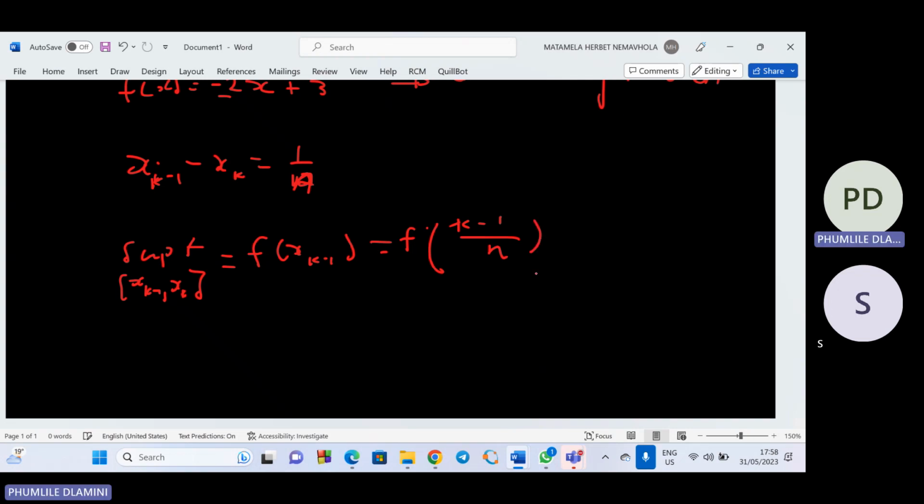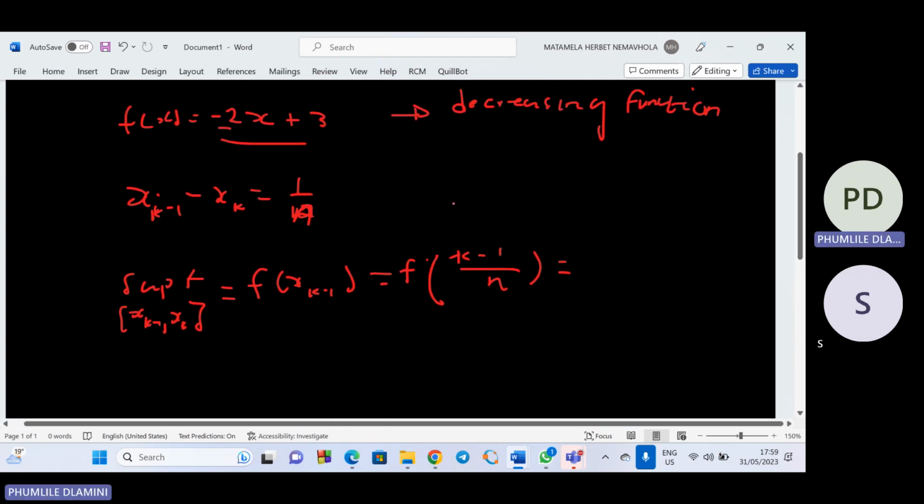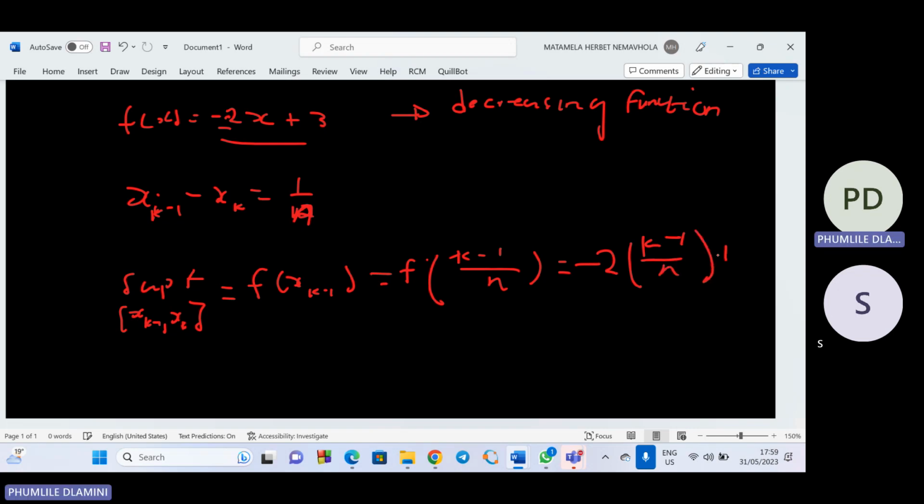Now we substitute into f of x, which is the equation I already wrote: minus 2 times k minus 1 over n, plus 3.